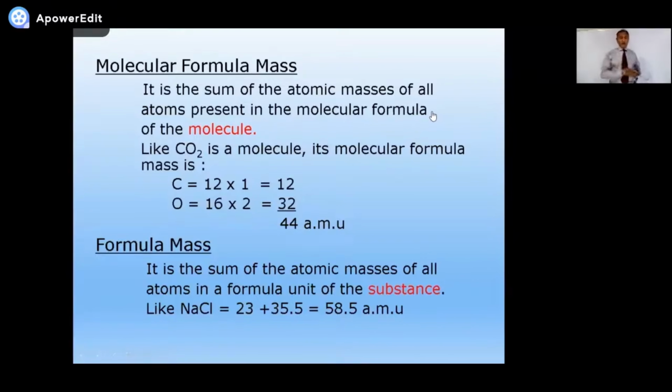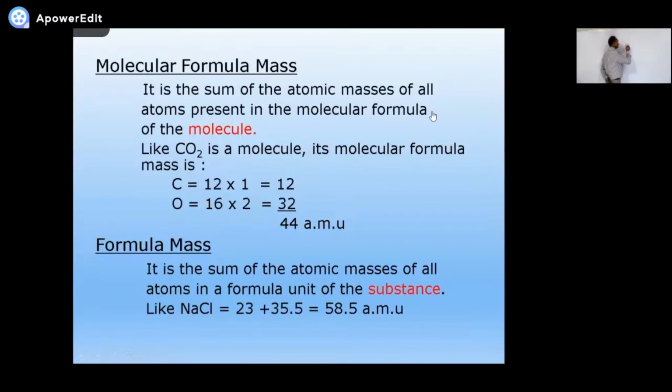Okay, let me remind you of one thing. Unintentionally I'm heading towards the explanation of question number 4 of the assignment. All right. See, what are the elements of group 1A?